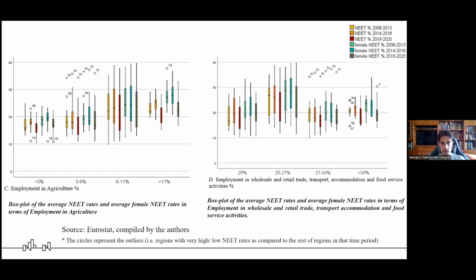The correlation is not so clear here, but relevant literature also highlights that we have a higher concentration of needs in those regions that have strong sectors related to tourism.